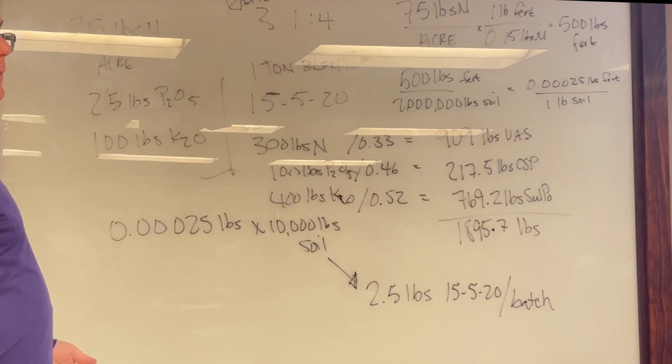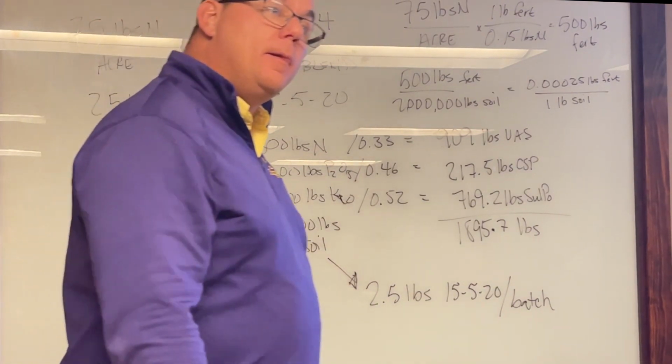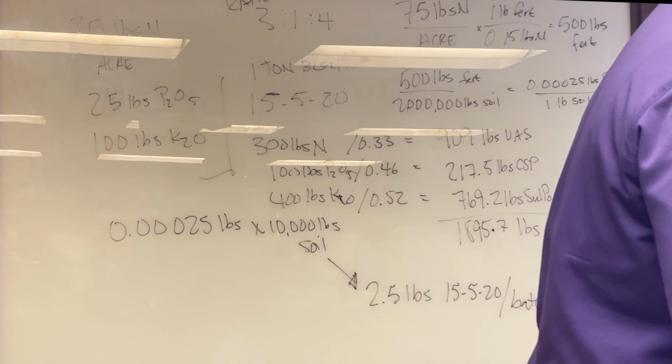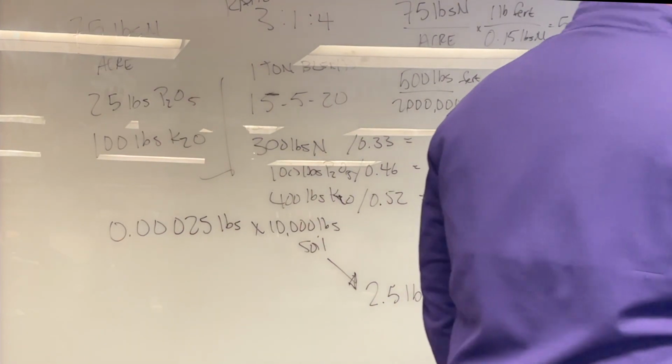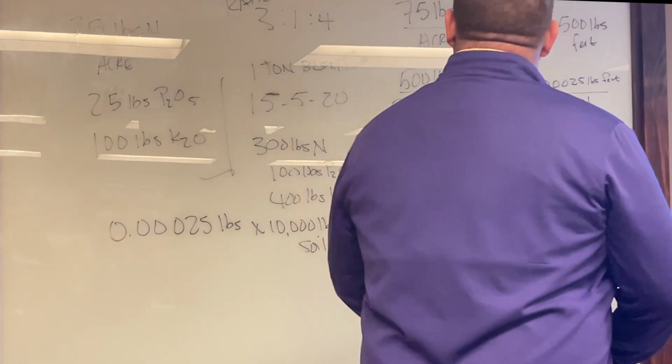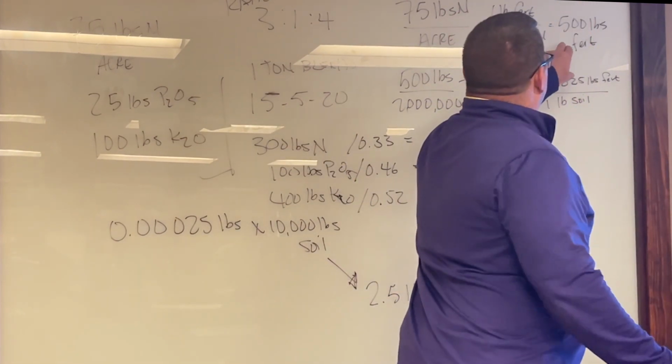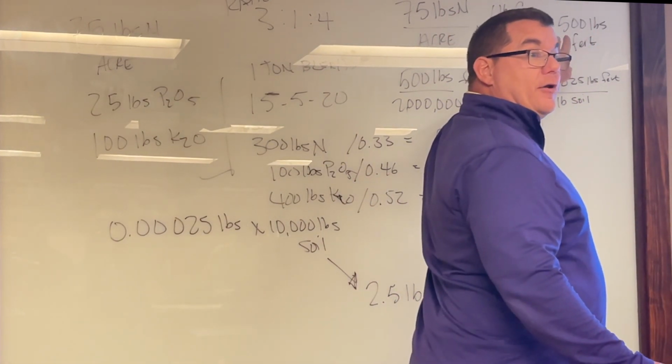So what do you mean by to see that you met the soil test recommendations? How do you see that you met the soil test recommendations? Like from the 500, what are you comparing that to? How did I know that I met them?